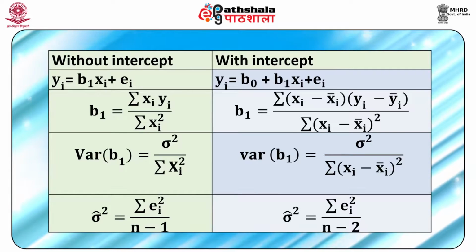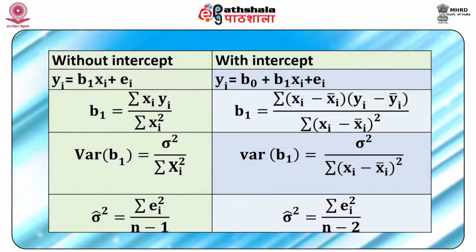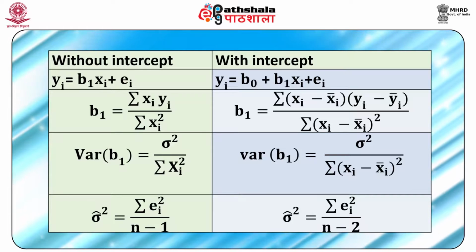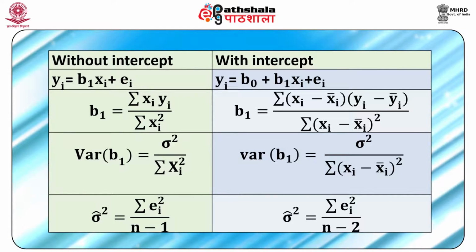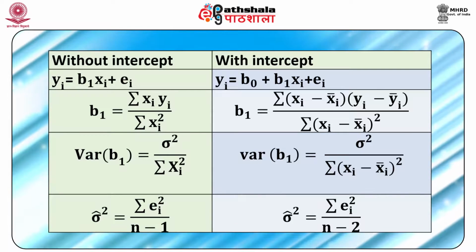Similarly, we find that the variance of b1 is equal to sigma square upon sigma Xi square, whereas with the intercept this comes out to be the variance of b1 equal to sigma square upon sigma (Xi minus X bar) square.